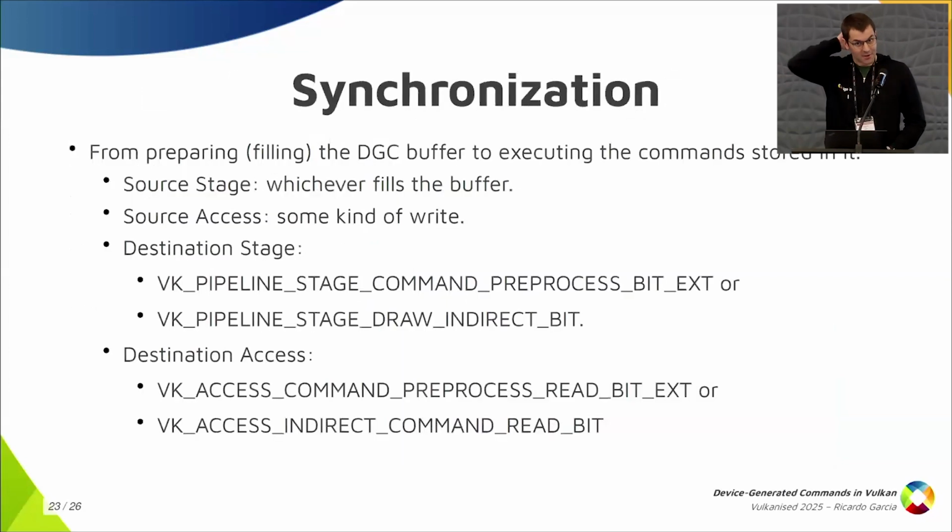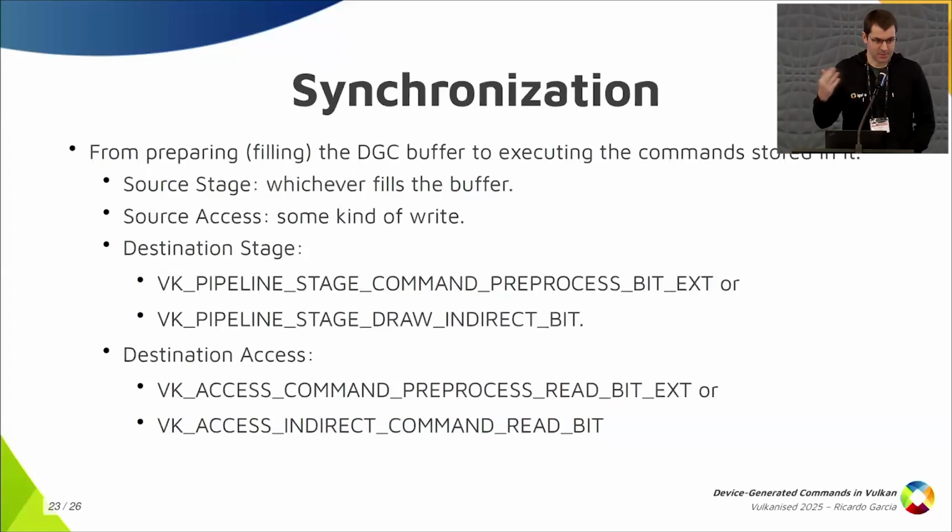Regarding synchronization, yes, you do need some synchronization at some steps. The main one is that if you generate the contents of the DGC buffer from the GPU itself, you're going to need some synchronization. Writes to that buffer need to be synchronized with something else that comes later, which is executing or reading those commands from the buffer.